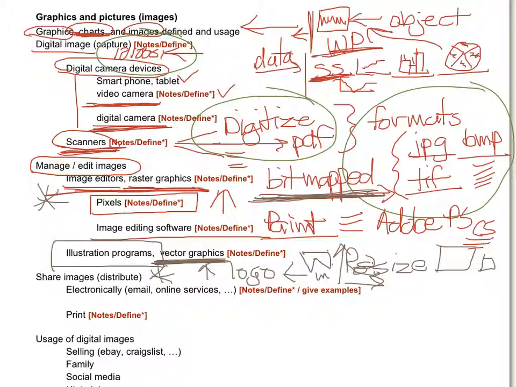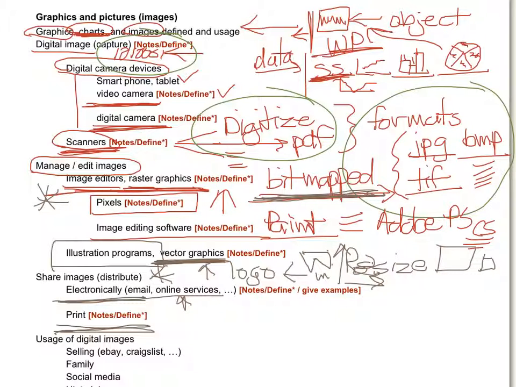How do we share images electronically? It's huge. There are all kinds of online services in which you can share your pictures, along with using social media. Print is still also very popular for sharing pictures. You could print them out.